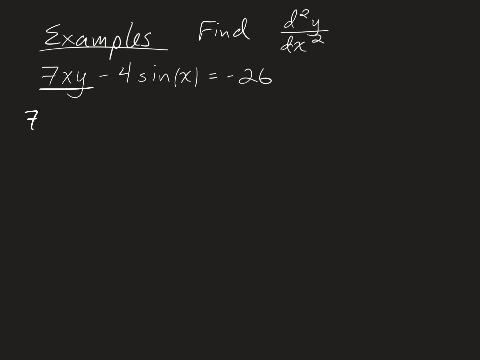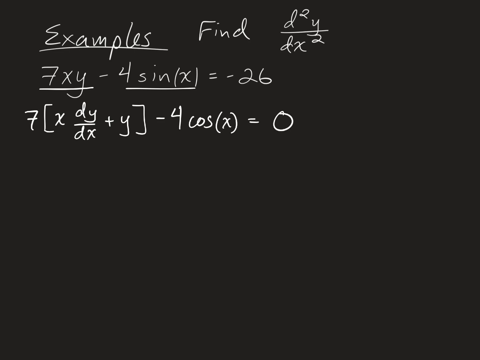So 7's just going to come along for the ride. The first times the derivative of the second plus the second times the derivative of the first, minus, we're here now. That's minus 4 sine of x, will be minus 4 cosine of x when we take the derivative of that, equals 0.